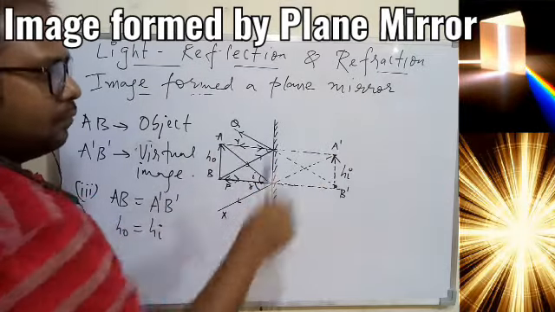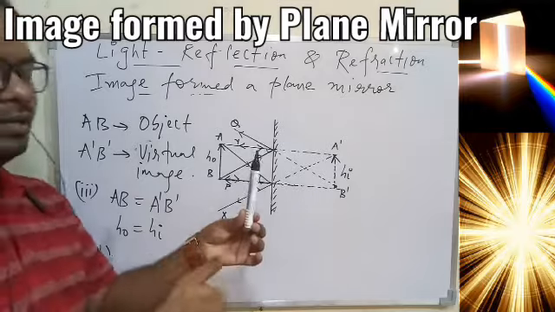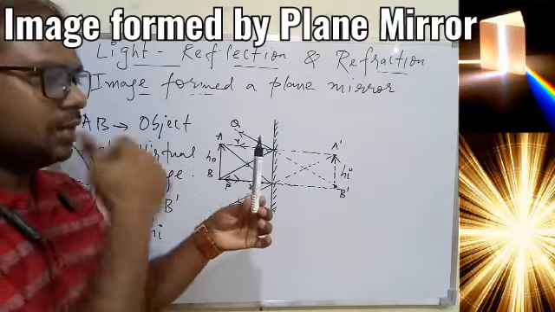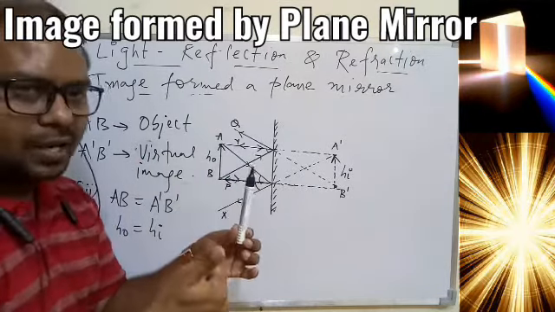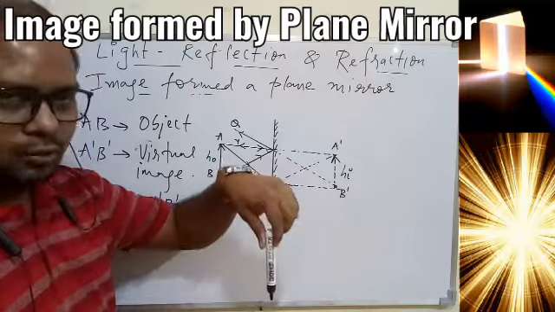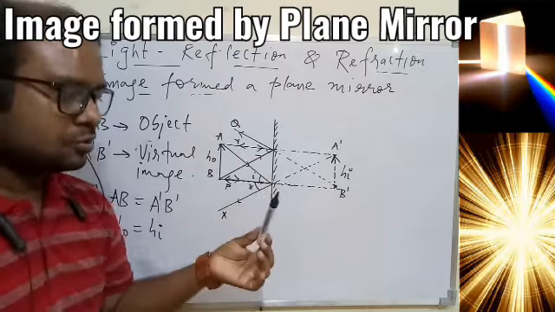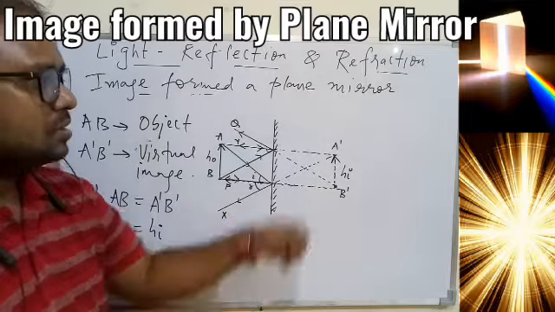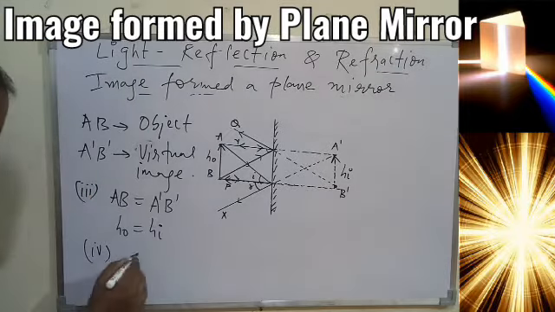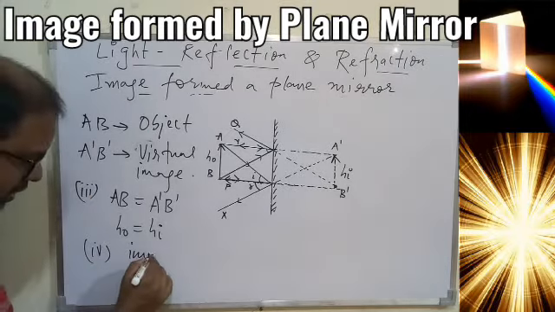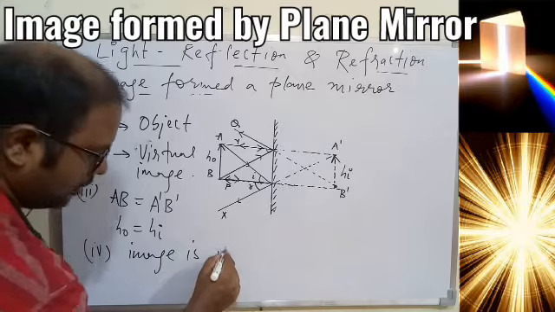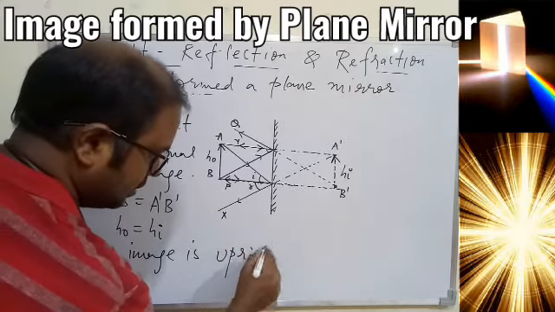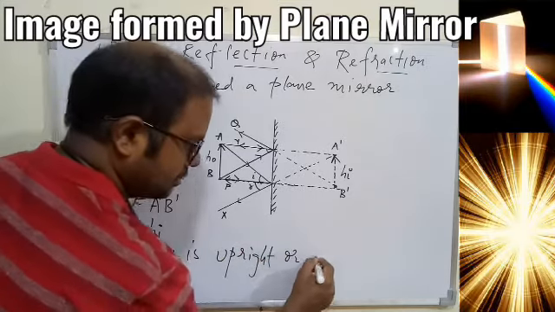So overall, the image remains upright. The image is always upright or erect, it is not upside down. In some cases it is also possible the image will go upside down, we'll see, but in this case the image is upright. So that is the next property we have, image is upright or erect.